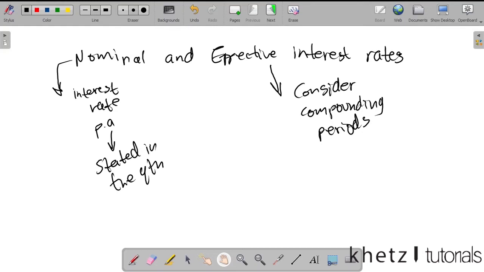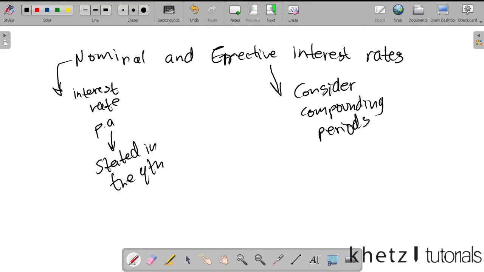This is going to make much more sense when I do an example, but basically just know that your nominal is your interest rate per annum, which is stated in the question, and your effective is that interest rate, but considering the compounding periods.